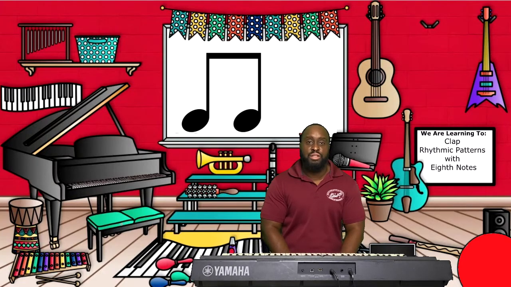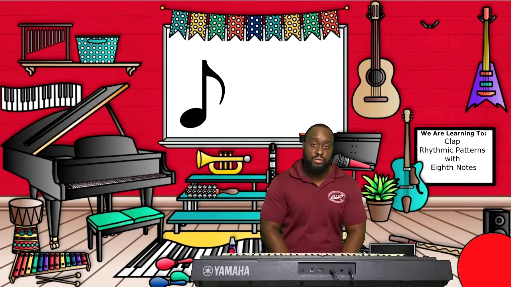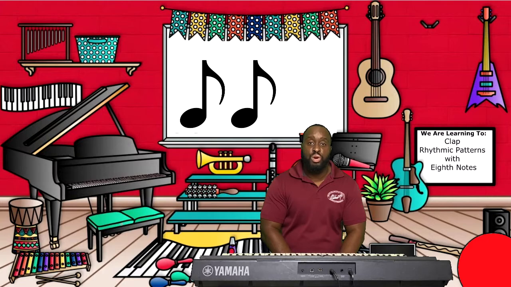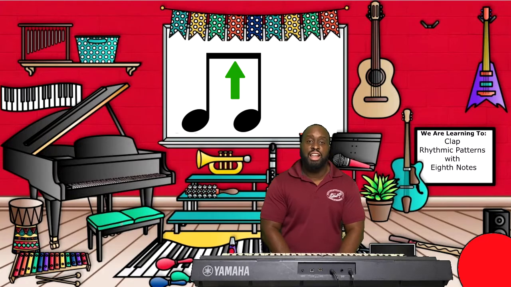And now you have a pair of eighth notes. One eighth note by itself is worth half of a beat, so it's worth less than the quarter note. If we want a full beat, we need to get the other half to join it. And that's what the beam does. Together we have one beat.